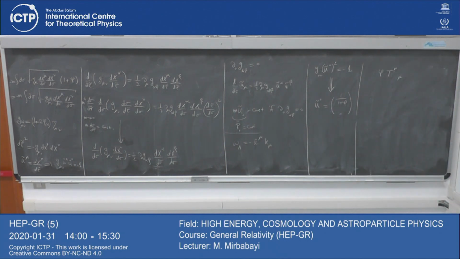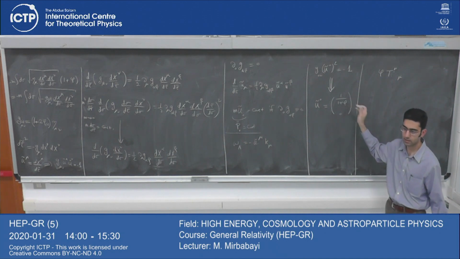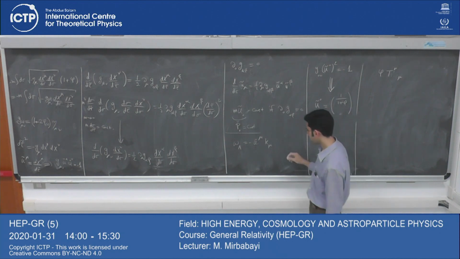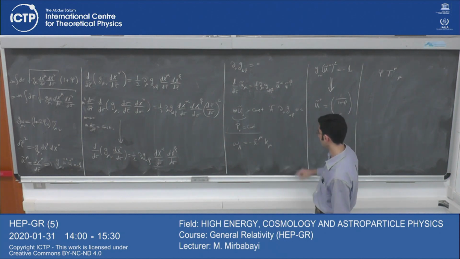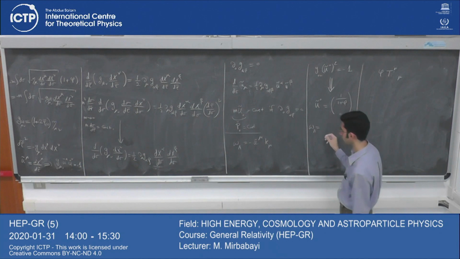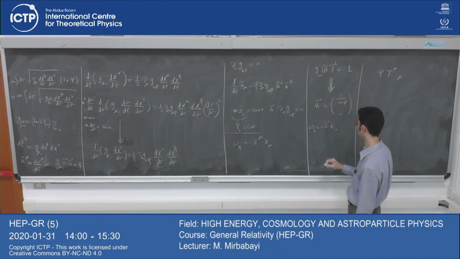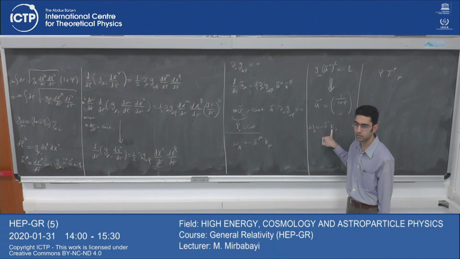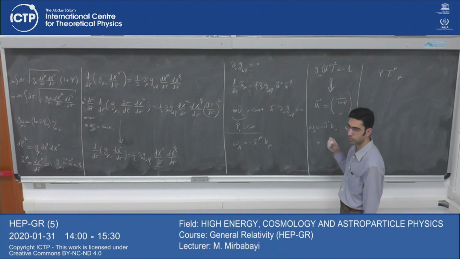Remember again, we are linearizing phi, so 1 over 1 plus phi is the same as 1 minus phi. On the other hand, this expression is therefore minus u tilde 0 times k0, but k0 is a conserved quantity, so we can identify it with minus the frequency of the photon at infinity.